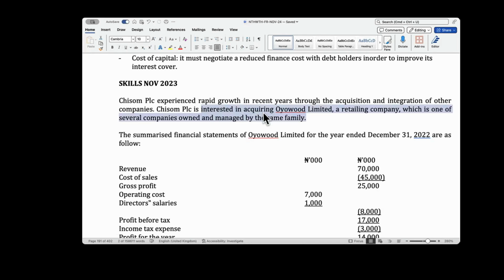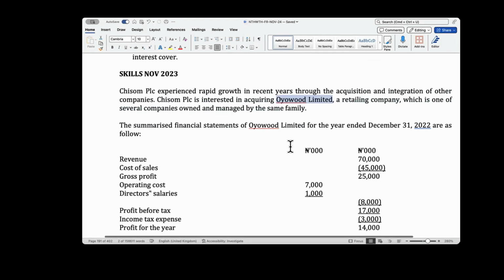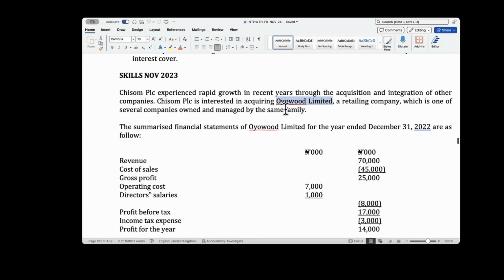Okay, so Oilwood Limited is managed by a family. Which is one of the several companies owned and managed by the same family.